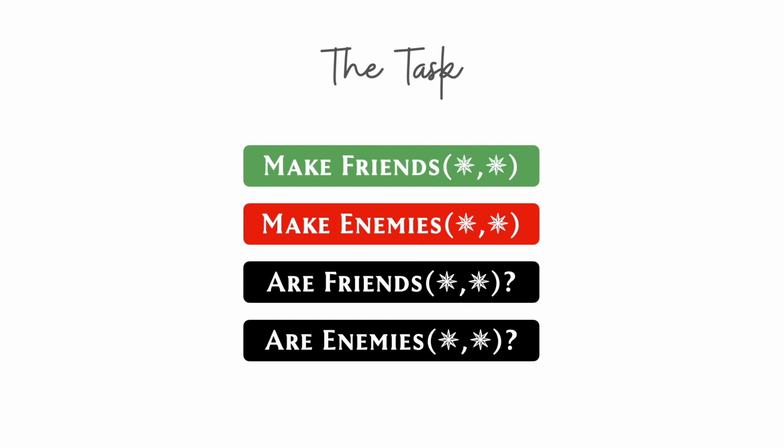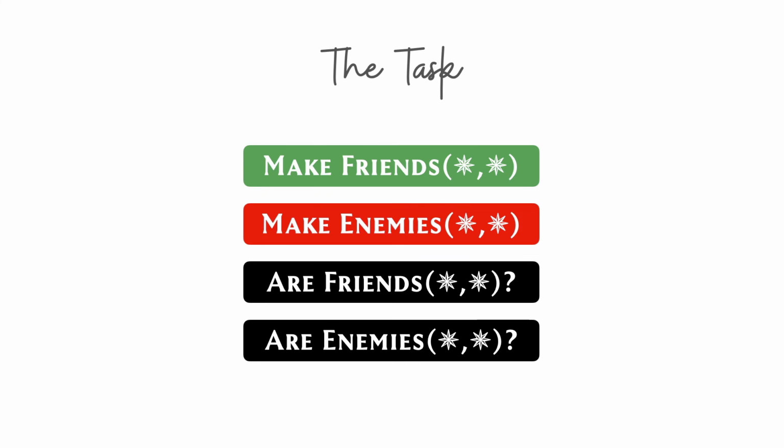The second rule was that if two people have a common rival, then they become friends. And the third rule was that if my friend has a rival, then that person is my rival as well. So you want to apply these rules as much as you can to infer additional relationships, to be able to come up with accurate answers to the are friends and are enemies queries, which is really the crux of what is going on here.